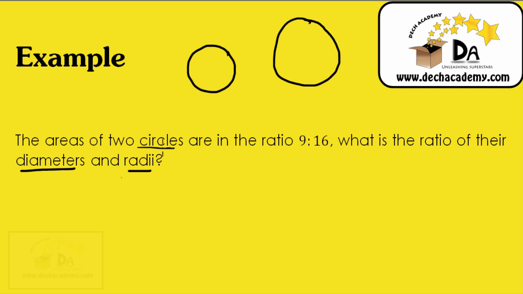And from what we've learned, we know that if two shapes are similar, the area of shape 1 divided by the area of shape 2 is equal to a linear measurement of shape 1 divided by a corresponding linear measurement of shape 2, all squared.